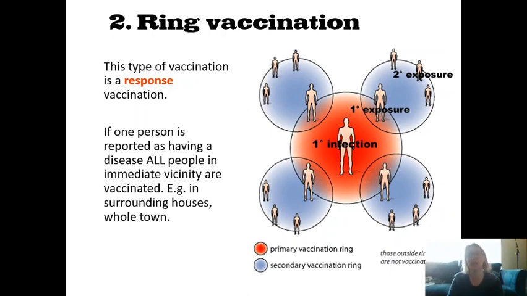There were lots and lots of issues there, because the vaccination they tried to create very, very quickly didn't go through all the same rigorous testing procedures that vaccinations would normally go through, and some people had side effects from those vaccinations. So ring vaccination can be good, but obviously it is good to test vaccinations properly first, to make sure that you know what any side effects might be.